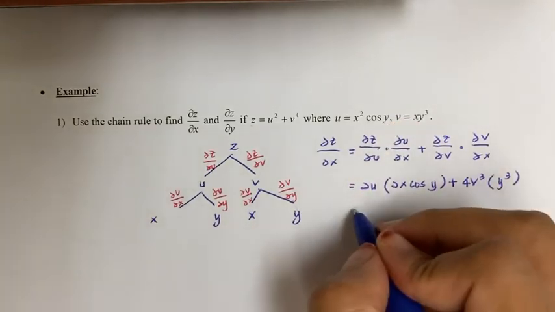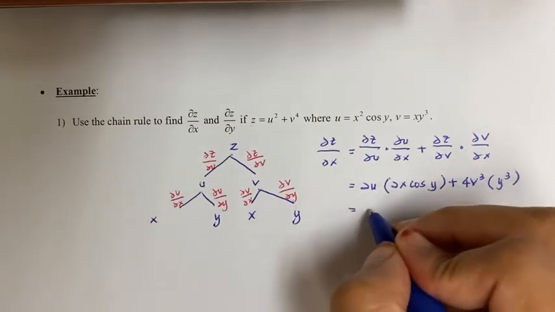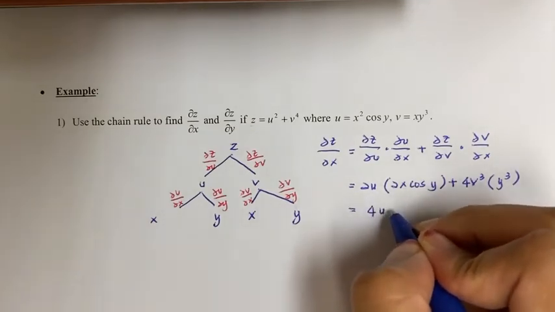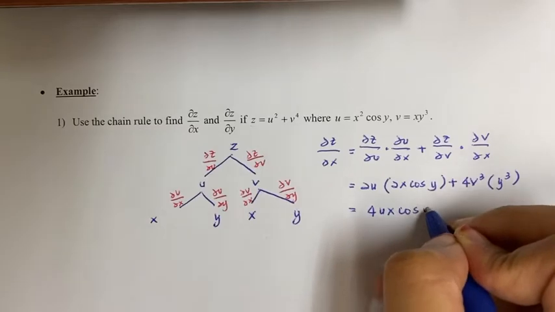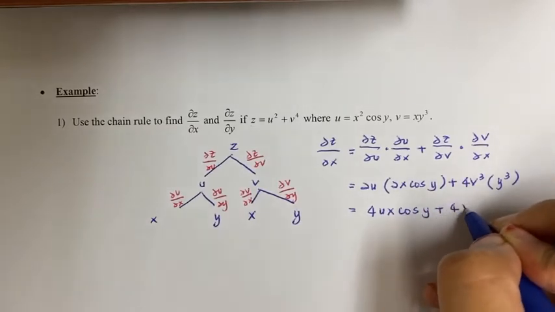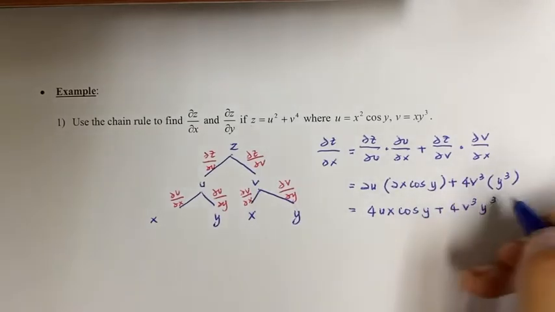So the answer from here is 4UX cos Y plus 4V cubed Y cubed.